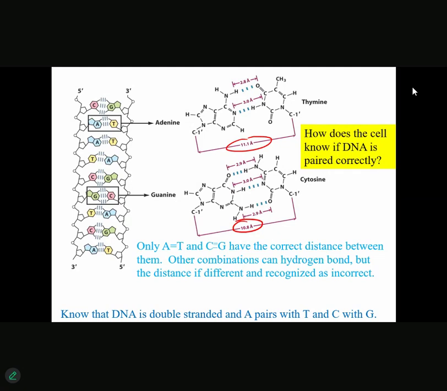But how does it know which side to kick out? It kicks out the new side, the side without those methyl groups. So that's why we need to know which side is the old side, which side is the new side, because if we have a mismatch, we have to kick out the wrong base. So we need to know which side was new, which side was old, because the wrong base is going to be on the new side.